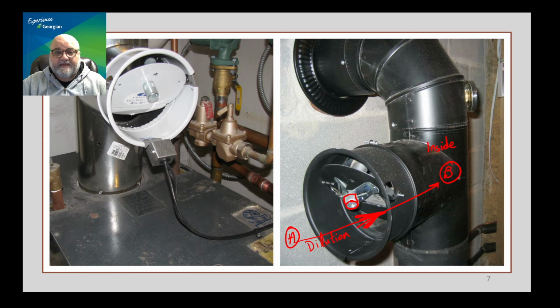So in that case, only a single acting barometric damper is allowed, which will not swing open, and it will not allow the combustion products to spill out of the system.